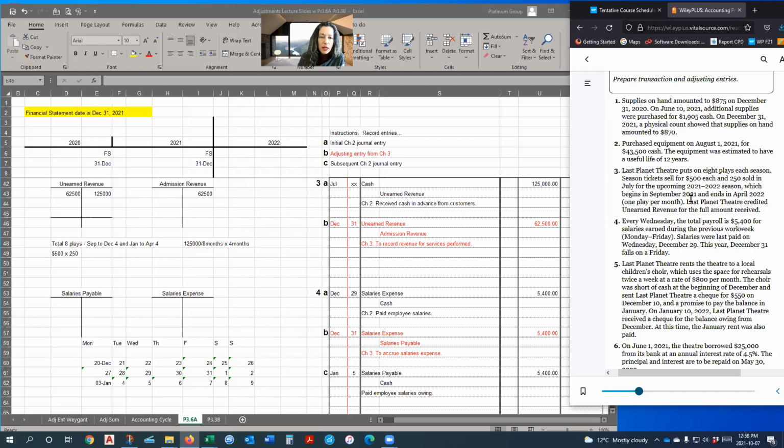If you start calling the baby Samantha, you'll keep calling the baby Samantha. You won't change the name and start calling the baby Kathy. The baby won't answer. So once you create an account title or a name, you keep using the same one. Sometimes you're given them, in which case you use the ones you're given. So unearned revenue is given, and I don't see admission revenue anywhere, so I must have made that one up.